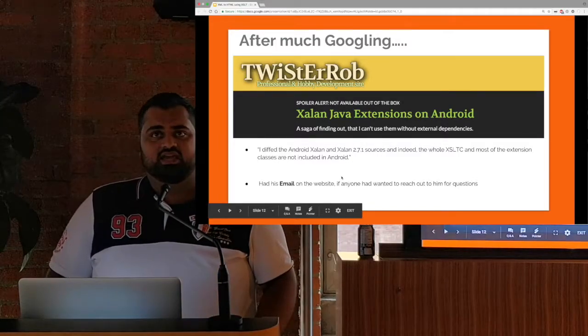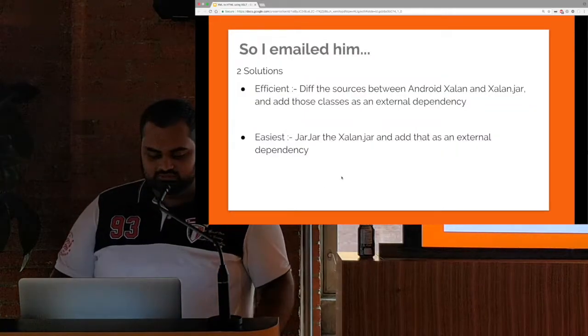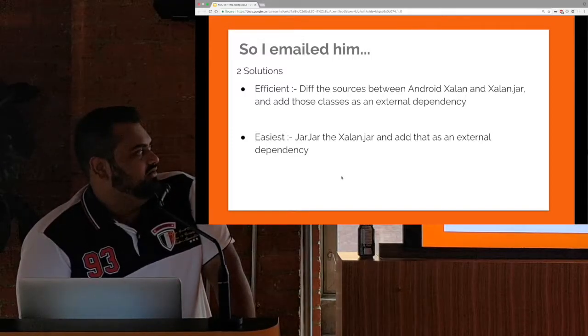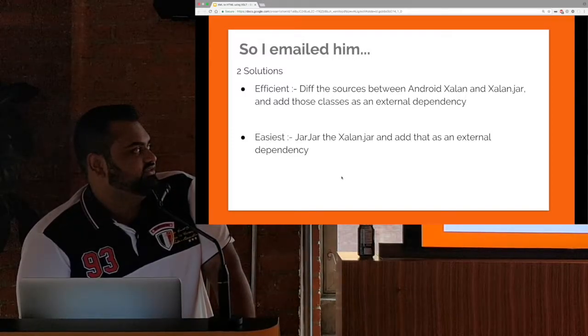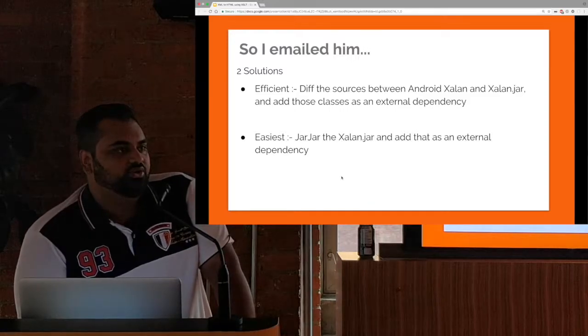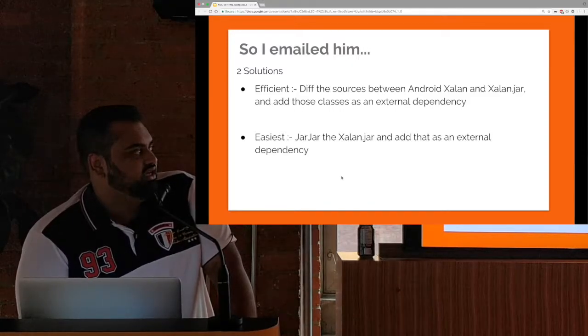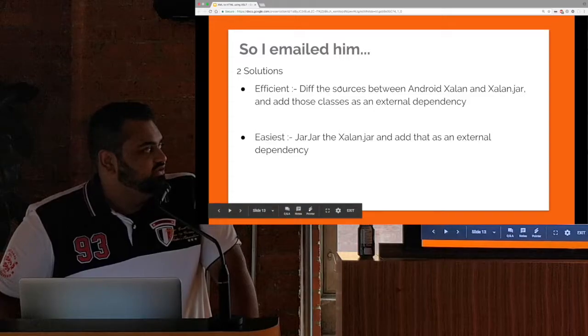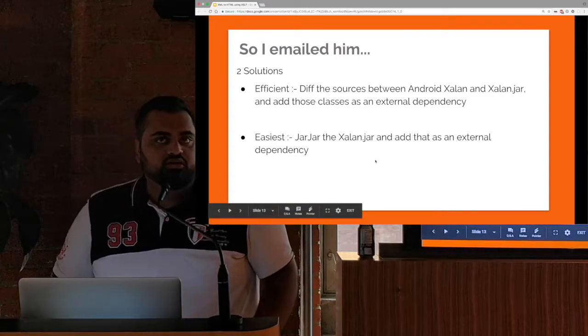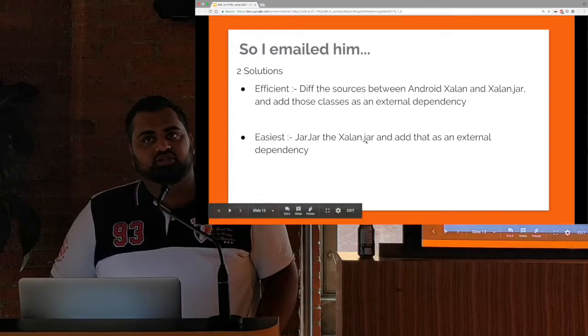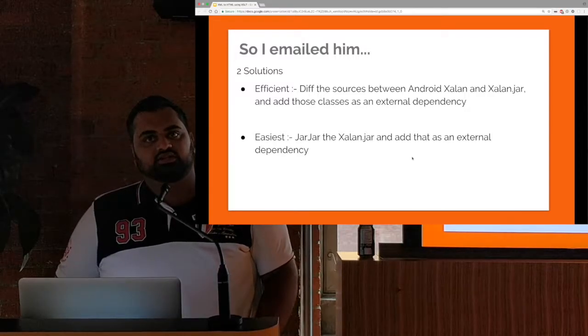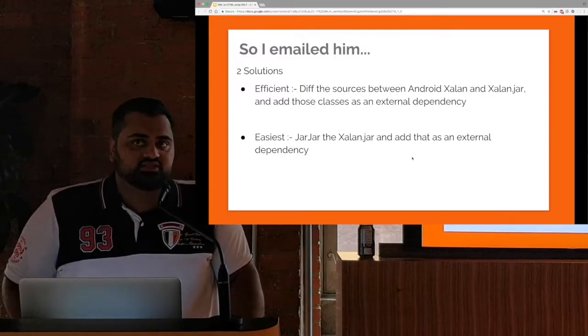I did, and he came back with 2 solutions. The efficient solution was to take the sources between the Android Xalan and the Xalan jar, and add those as an external dependency, or just include the full Xalan jar and add that as the external dependency if you don't care about APK size.